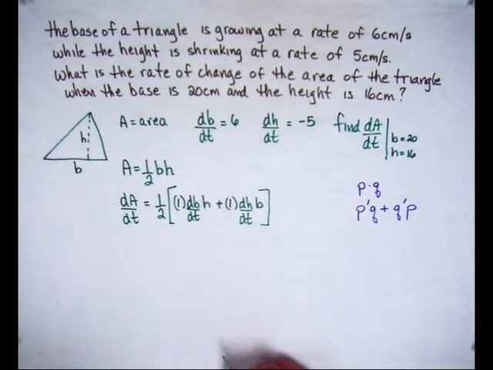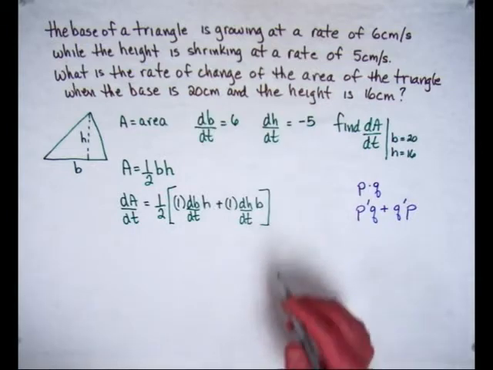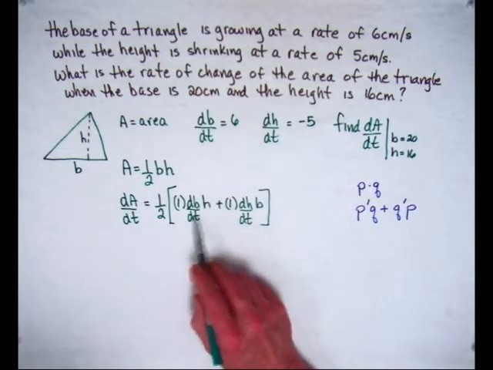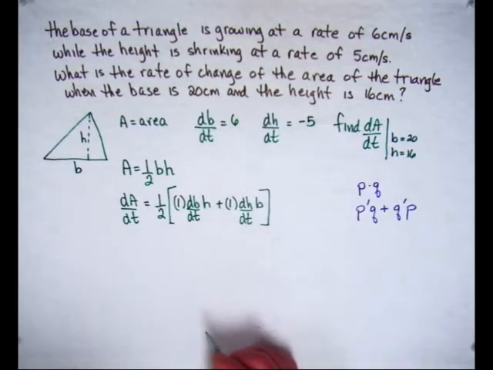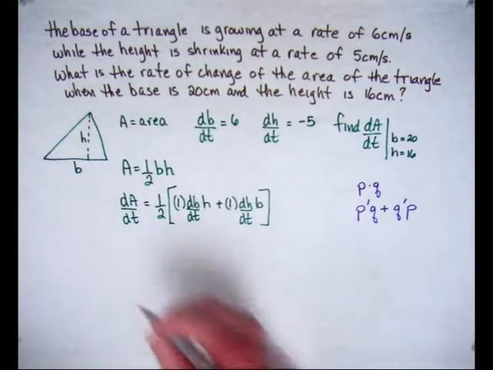Now to solve this, we have all the information we need to know. We need to know the rate of change of base, the rate of change of height, and the height and the base. All of the information is given to us. So now it's just a matter of plugging those numbers into our formula.